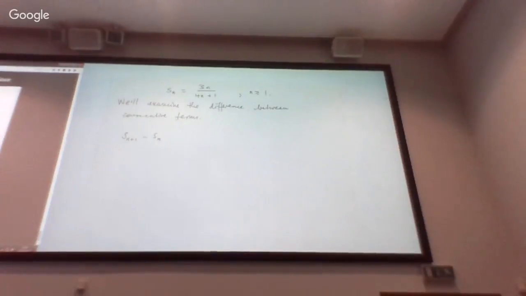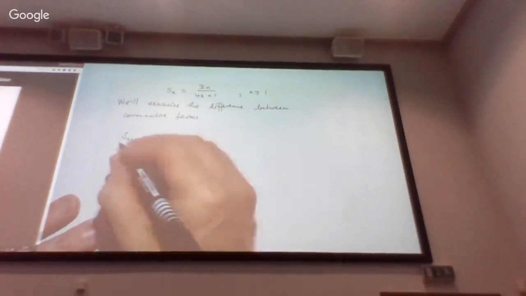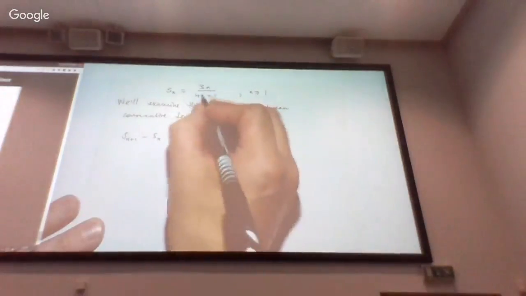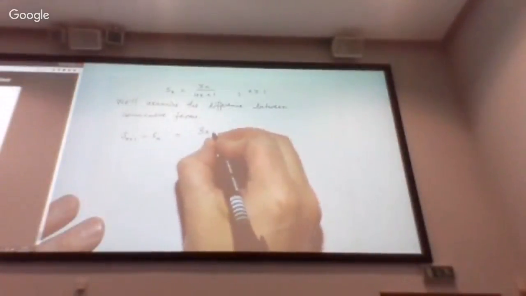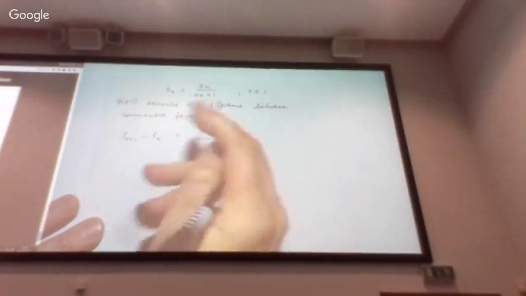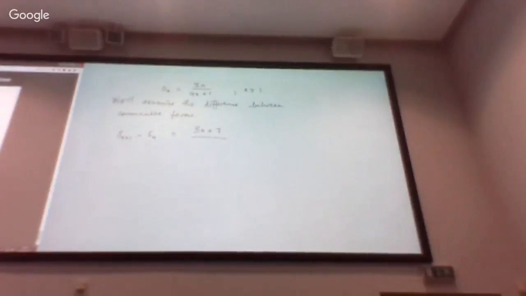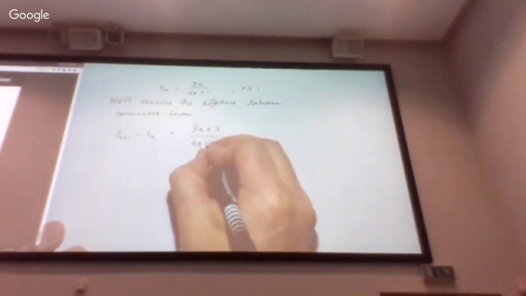What's Sn plus 1? Sn plus 1 is this formula for Sn where the index has been replaced by n plus 1. So in the numerator, we have 3n plus 3, because it's 3 multiplied by n plus 1. In the denominator, it's 4 multiplied by n plus 1, which gives you 4n plus 4, then you've got that extra 1, so it gives you 4n plus 5.